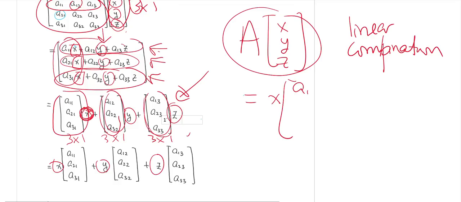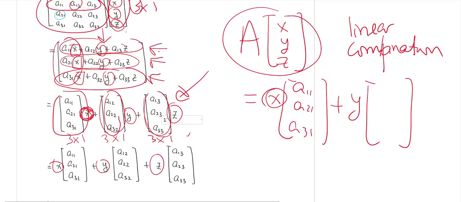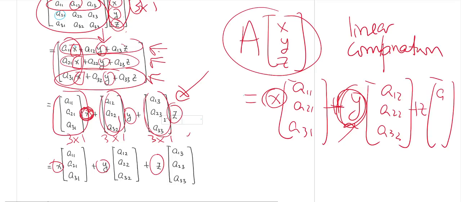I have the first column of this matrix, I multiply it by a constant, and then combine it with the second column, A12, A22, A32, scaled a little bit, and then plus Z times the third column, A13, A23, A33.